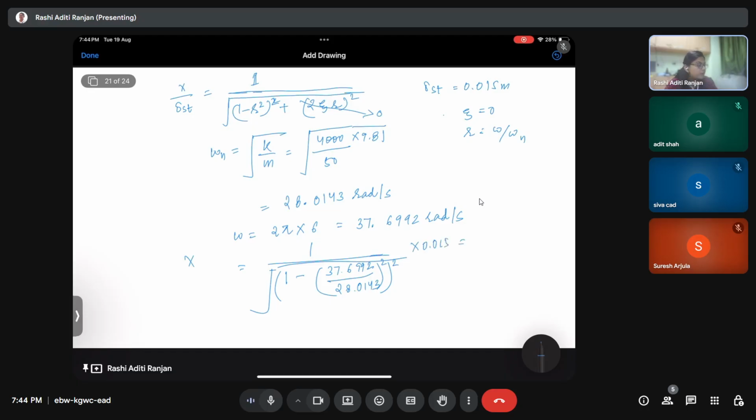It's going to give us a value of 0.0185 meter. So x, which is the response amplitude, has a value of 0.0185 meters.